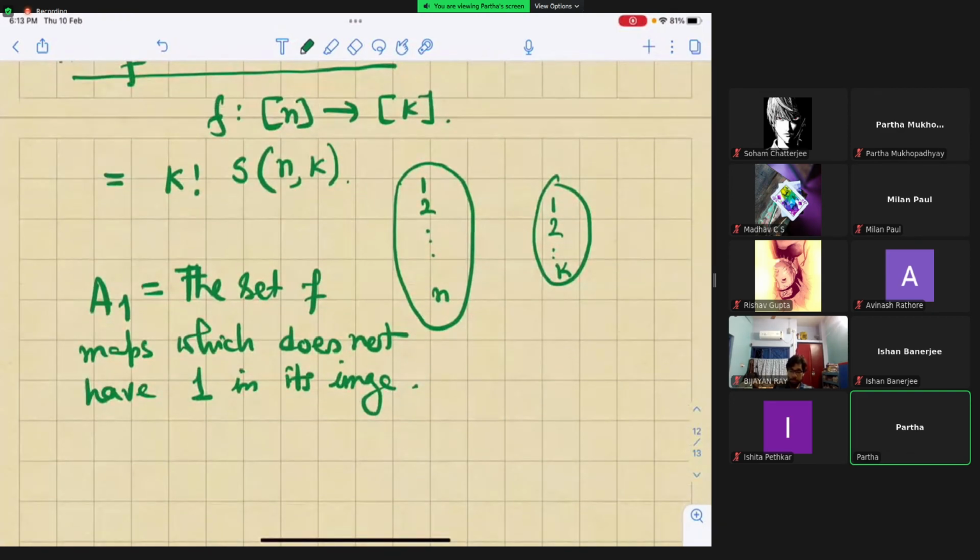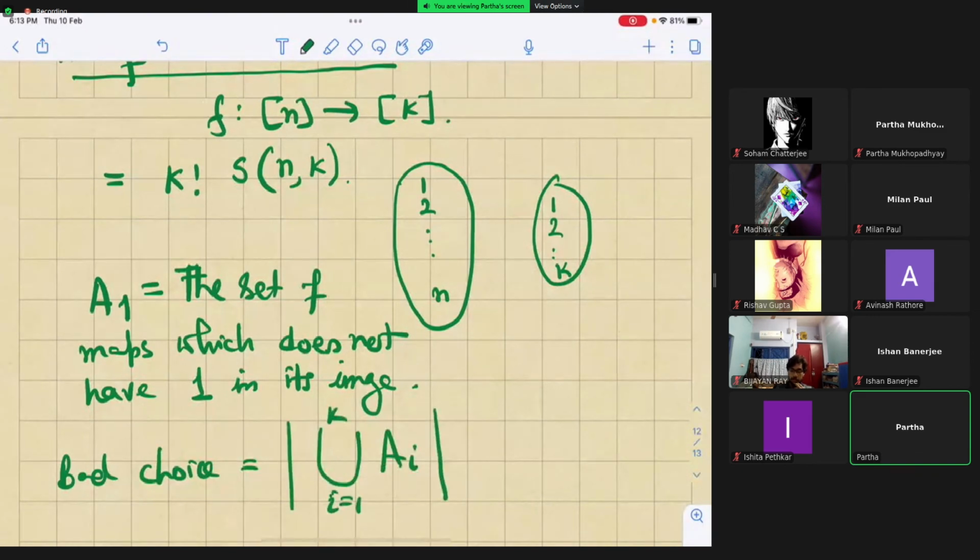It is not surjective because somebody is missing from the image. So the bad set is the union of A_i, i equal to 1 to k. Why is this bad? Because this is precisely the set of maps for which somebody is missing. It is not surjective, these maps. And you want to count this number.